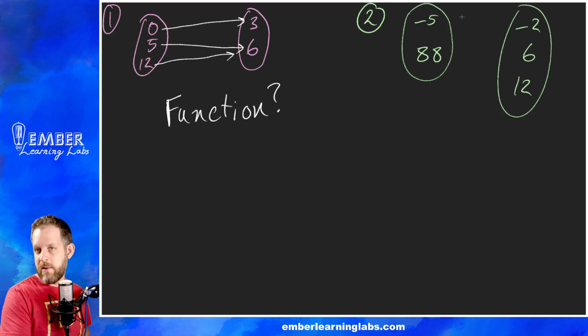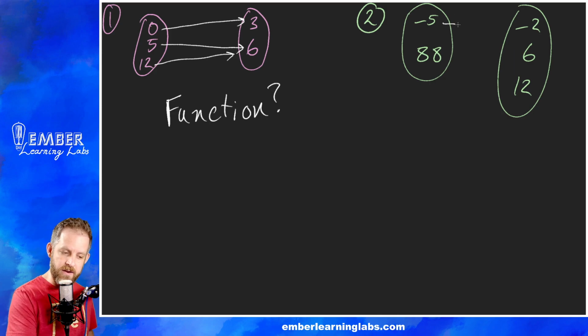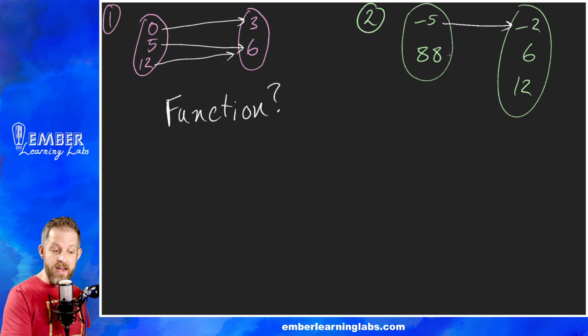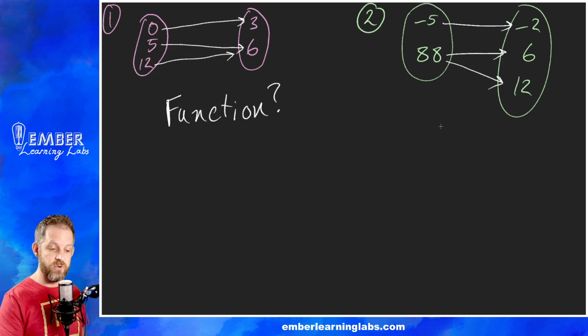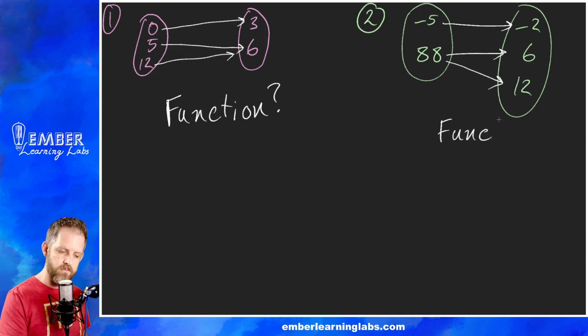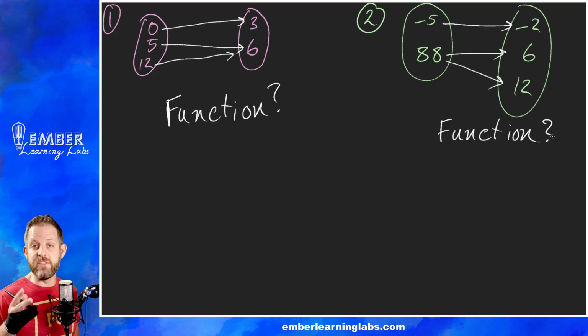So on this one, we're going to map it this way. If we put a -5 into the function, we get out a -2. If we put an 8 into the function, we get a 6 and a 12. So is this a function? Yes or no?